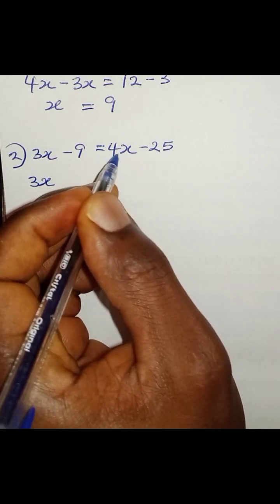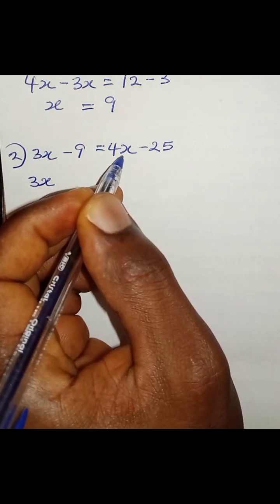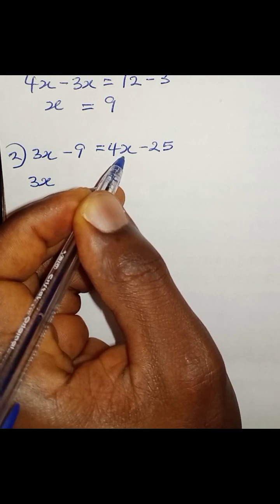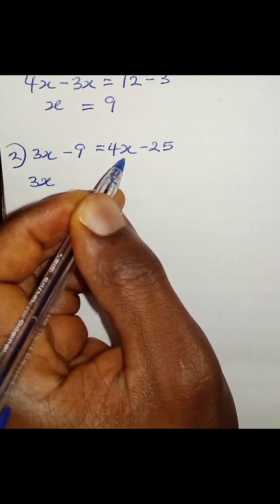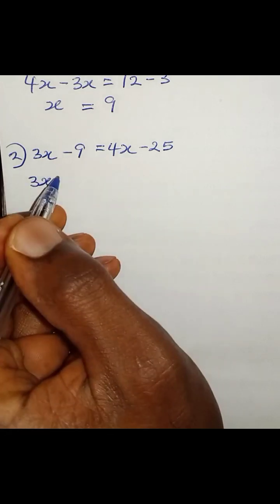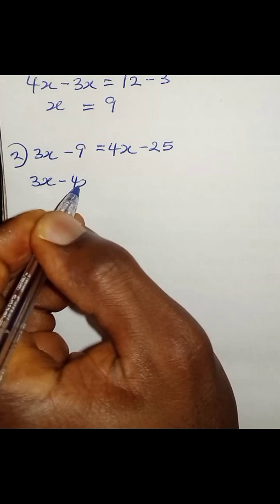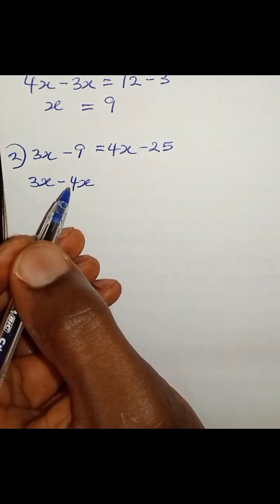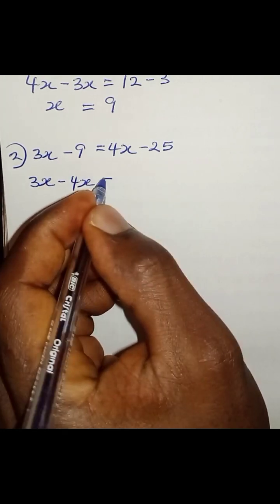Now this is positive 4x. Remember I told you every number has a positive sign before it. It's when you want to use it that you bring it out and you observe its presence. So plus 4x crosses the equality sign and becomes minus 4x, so that those with x will be on one side. Then we'll bring down our equality sign.